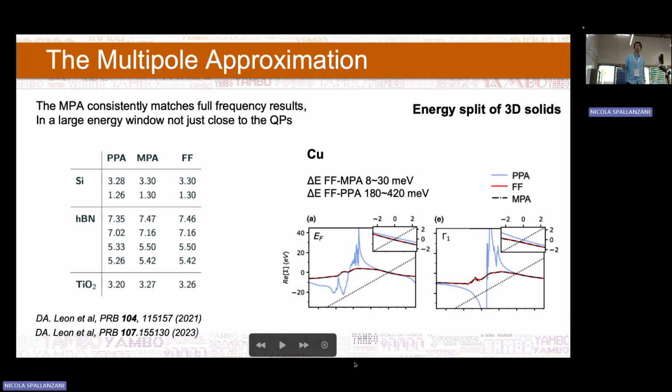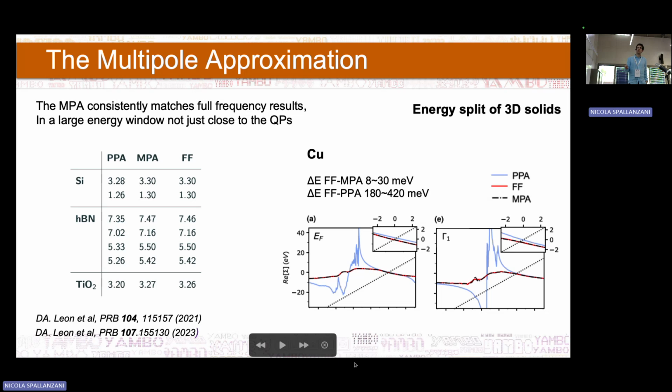Instead, the multipole basically gives the same results. In a metal, the improvement is even better: the full frequency and multipole are basically of the same order of magnitude, while between the exact numerical integration and the plasmon pole there is a difference that can amount to almost an order of magnitude, which is very hard.